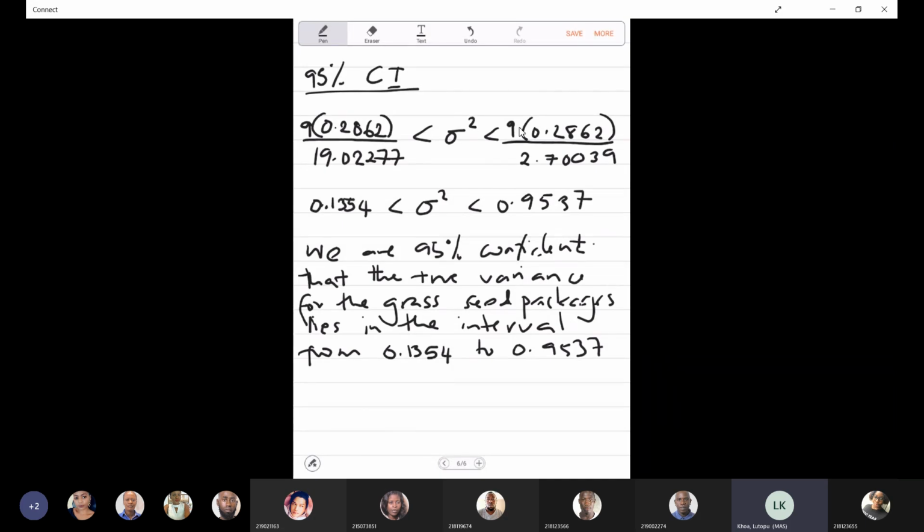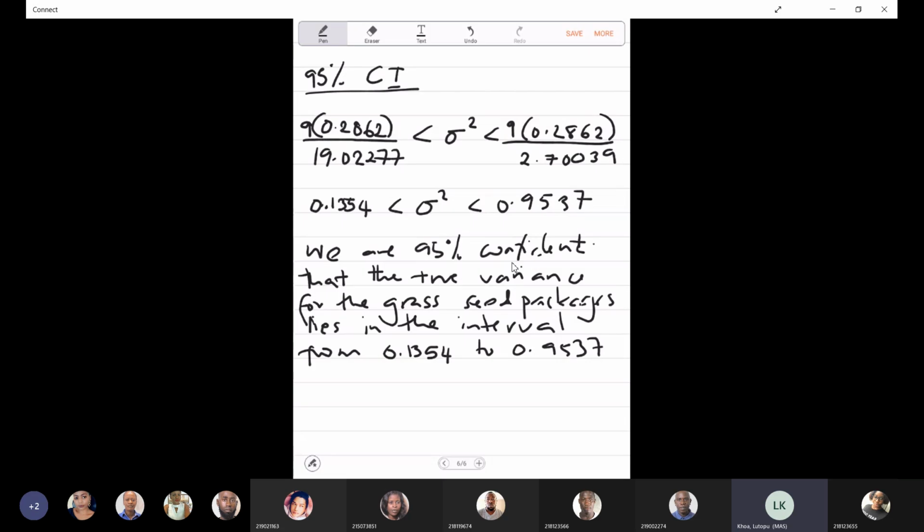That's it. So again, it doesn't have to be exactly the way I've said it, but there are key things that I'm looking for: the confidence level, what the interval itself is, that it is the true variance, and then include some of the words from the question.